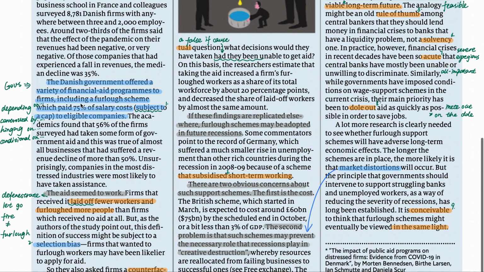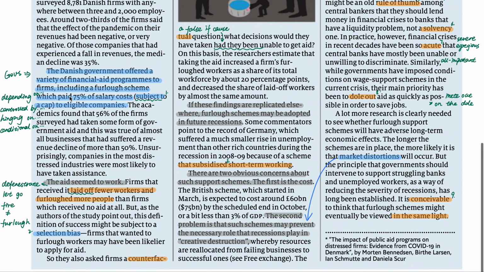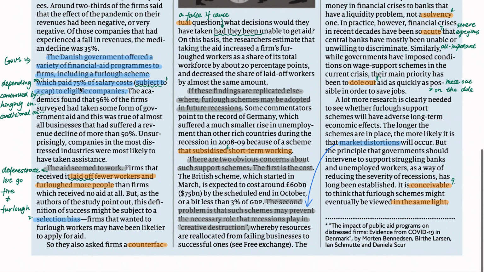And then against this backdrop, the Danish government offered a variety of financial aid programs to firms, including a furlough scheme, which paid 75% of salary costs, subject to a cap to eligible companies.